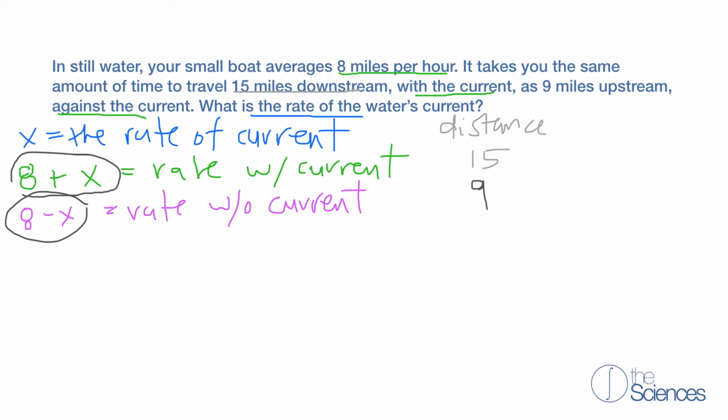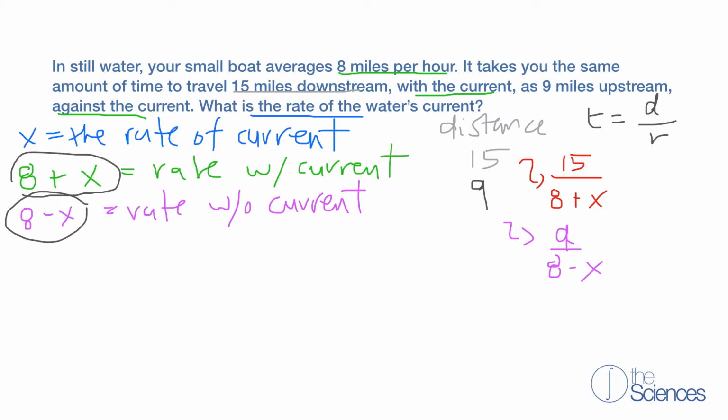So the time equals the distance over the rate. So the time it takes with the current is 15 over 8 plus x. And the time it takes to travel without the current is 9 over 8 minus x.